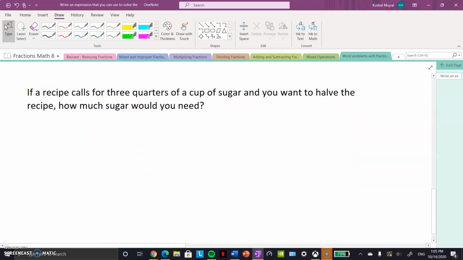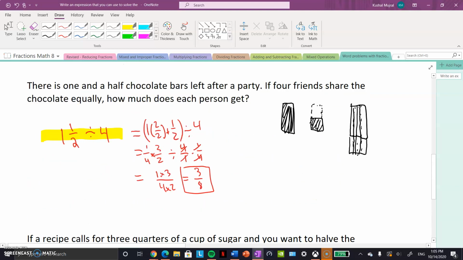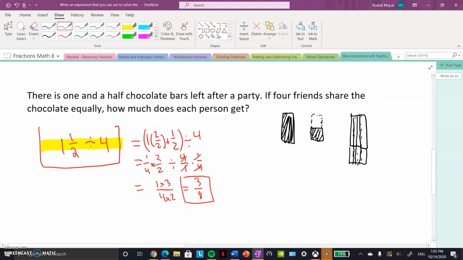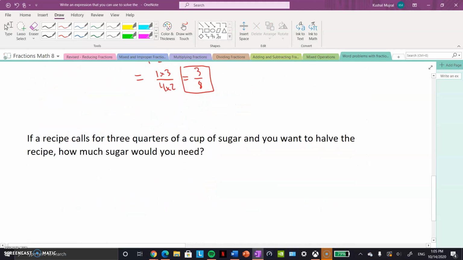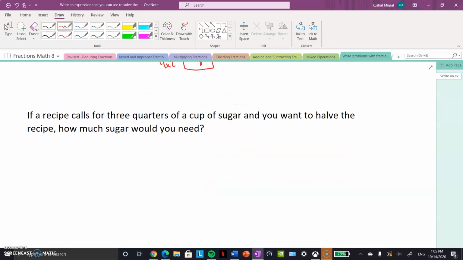Last question. If a recipe calls for... Oh, let me just go back 1 second. Just note that this is perfectly fine as an answer. Okay. If a recipe calls for 3/4 of a cup of sugar, and you want to halve the recipe, okay, so say this is a cup, and then the recipe calls for 3/4 of a cup.